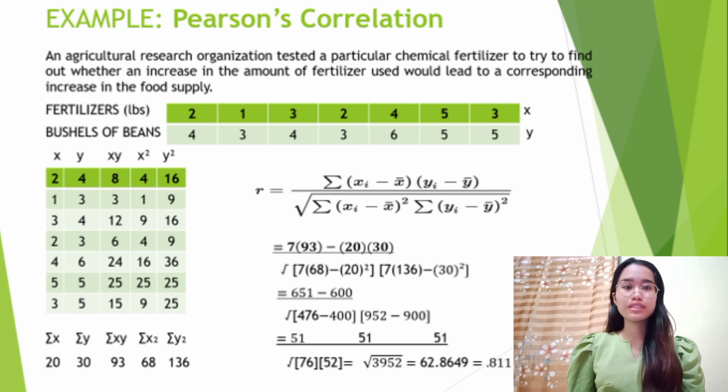Then again, 51 divided by the square root of 3,952, that's going to be 62.8649. And then we do the division and it gives you 0.811, which is a very strong correlation, a strong relationship between x and y.